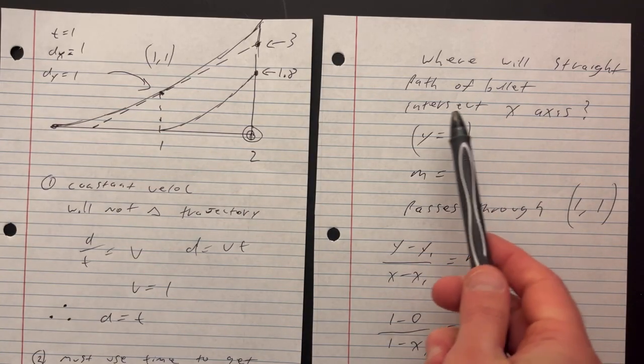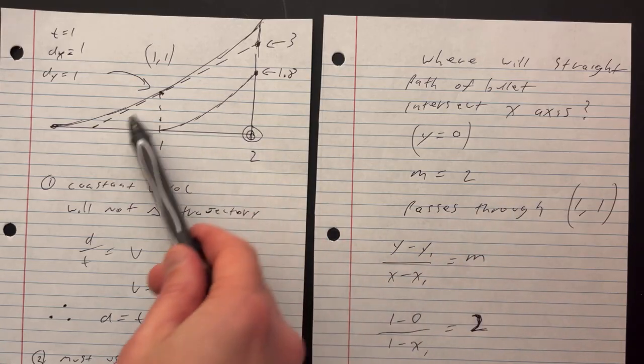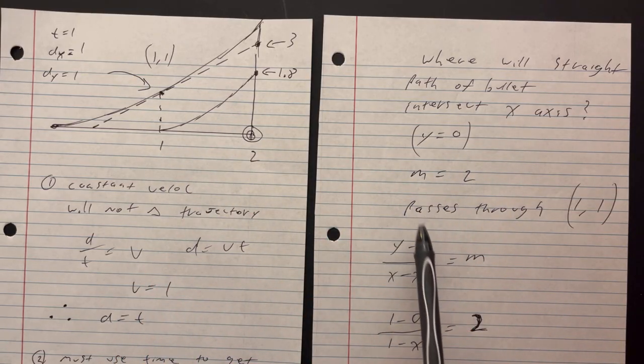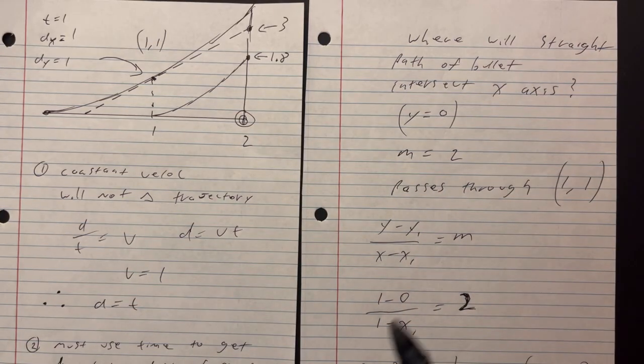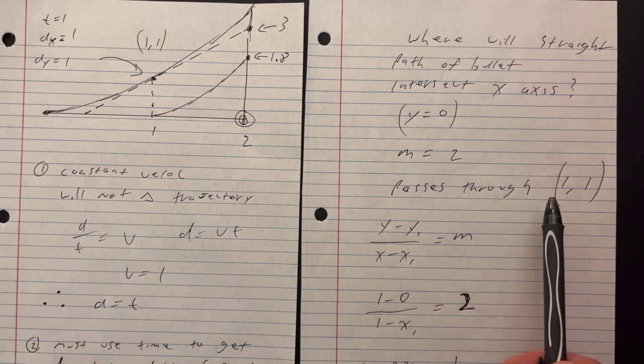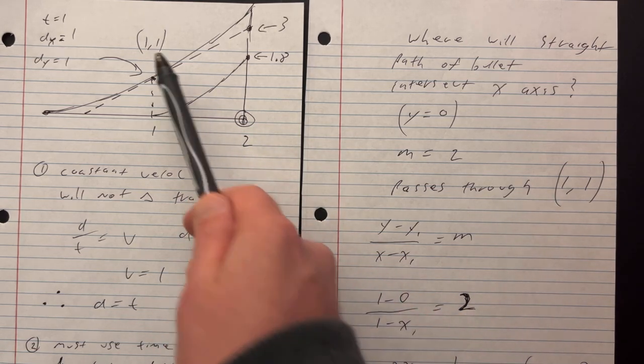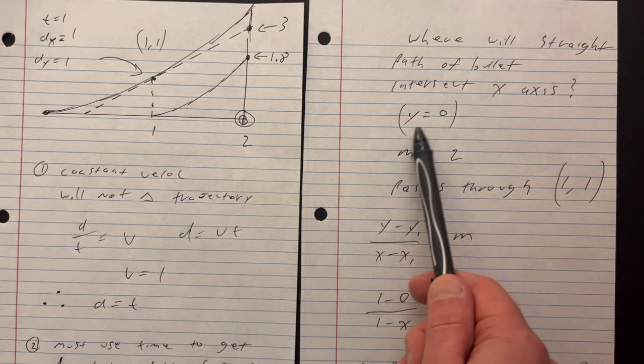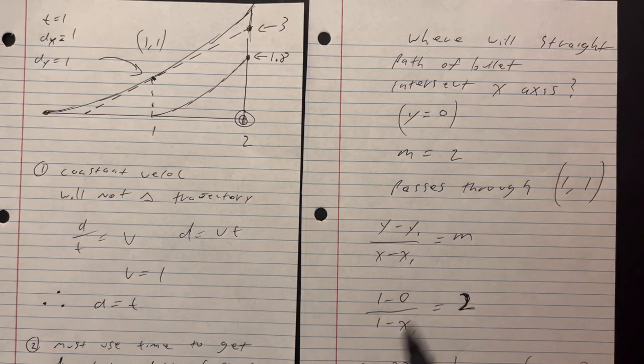Where will the straight path of the bullet intersect the x-axis, which means where y will equal 0 and the slope m will equal 2. Another way to phrase this is that you could say a straight line, or the bullet, passes through point (1, 1) right here, has a slope of 2. What will x equal when y equals 0? Just use our slope formula, y minus y1 divided by x minus x1 equals slope.